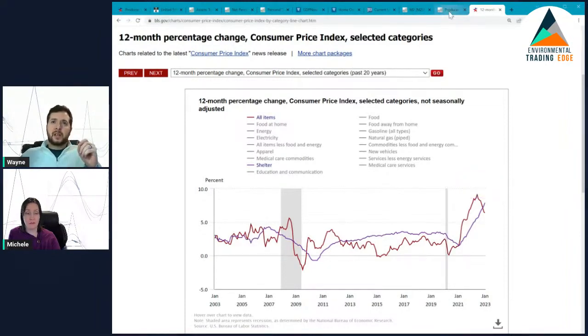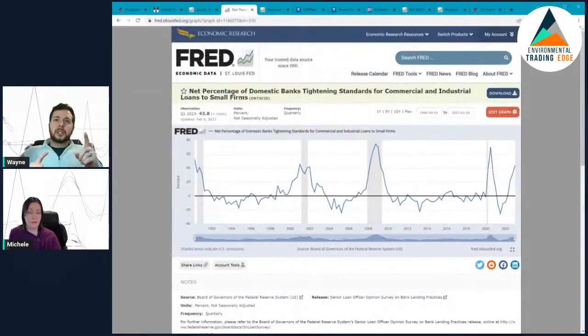The last thing that I want to say on this is the contraction in banks, right? Banks tightening standards for commercial and industrial loans to small firms. This is also another way that you can tell where you are in the recession. Typically, when stocks bottom out, like they did in 2009, banks start to ease up, right?